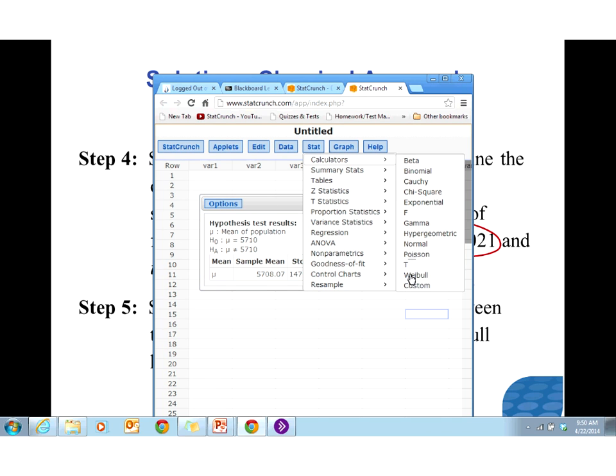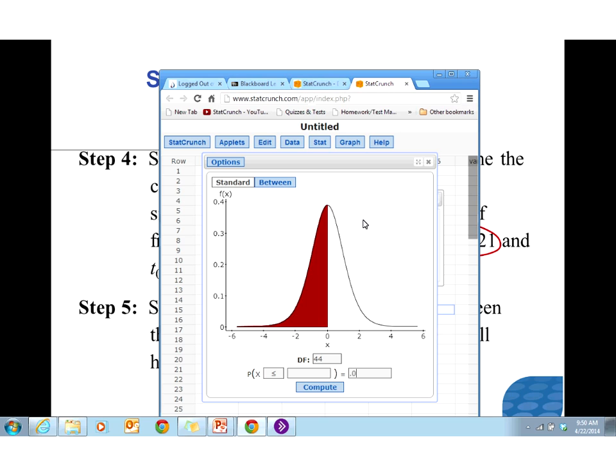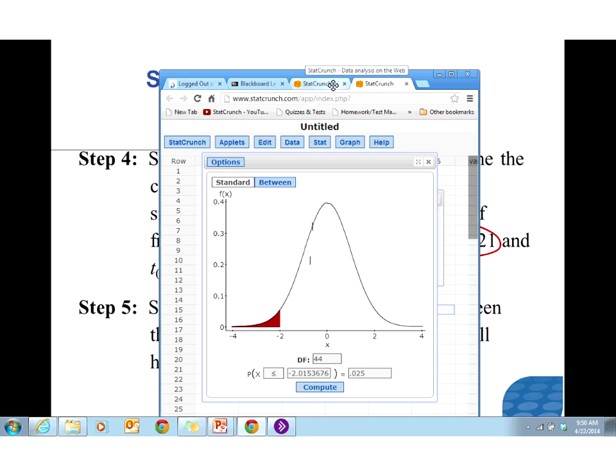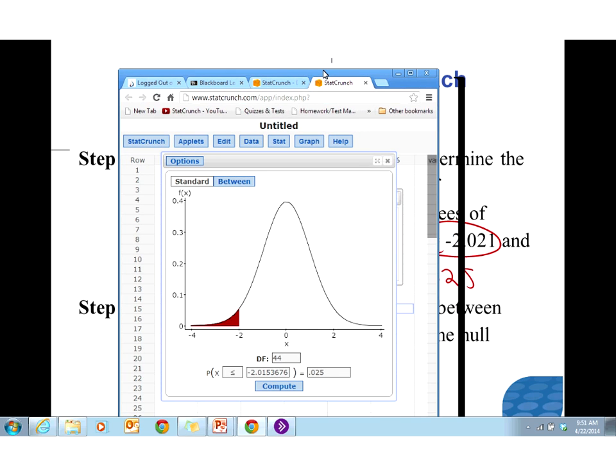So if you go to Stat, Calculators, T, we've done this before, the degrees of freedom are 44. And we need to find the t-value that corresponds to 0.025 area. Negative 2.015, and I think that's what they got, negative 2.02.